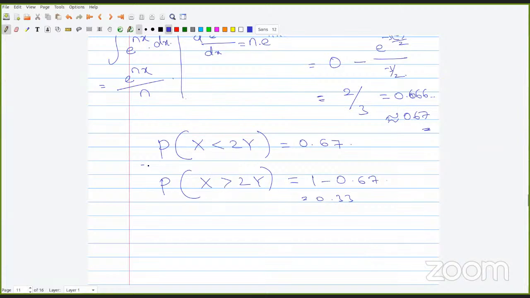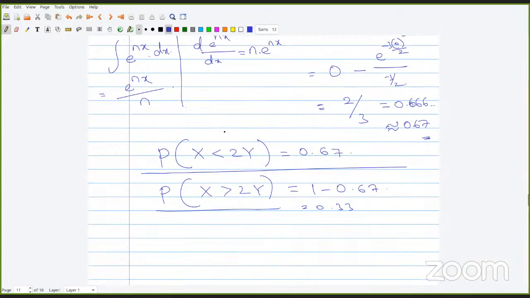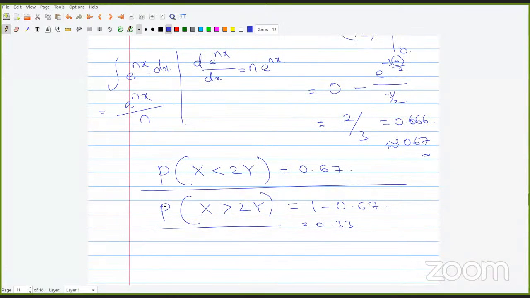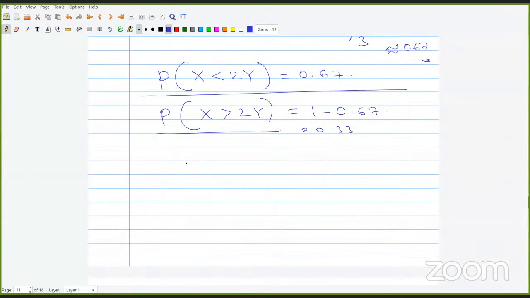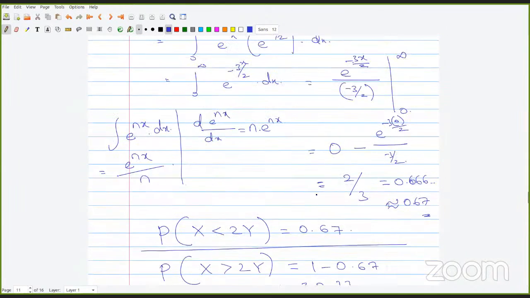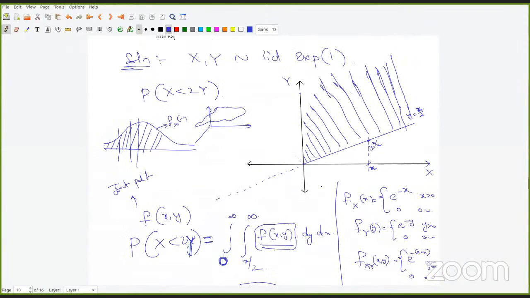But you can actually compute it again using the same things. If you don't know, we have asked you the probability that x is greater than 2y. Now what will be the limits? You just have to double integrate f of x comma y, dy dx. Now what will be the region? The below part will come now.